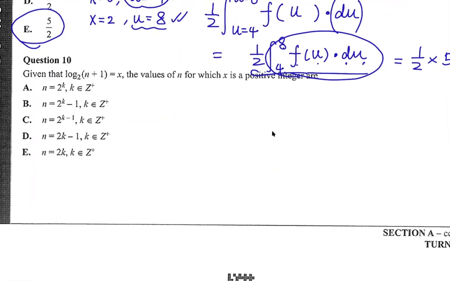Given that log base 2 of n plus 1 equals x, the values of n for which x is a positive integer are, well, let's see the first one. If n is 2 to the power of k, let's say n equals 8. Log 2 of 8 plus 1, which is log 2 of 9, not an integer.